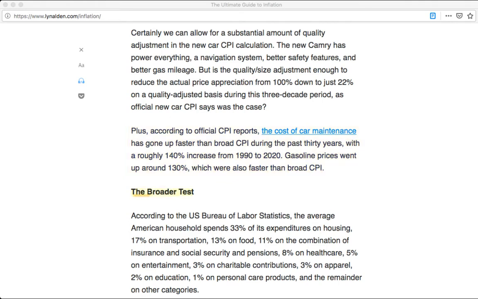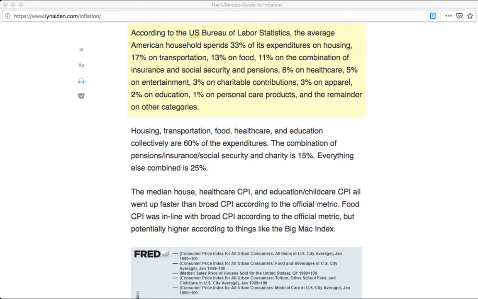The broader test. According to the U.S. Bureau of Labor Statistics, the average American household spends 33% of its expenditures on housing, 17% on transportation, 13% on food, 11% on the combination of insurance and Social Security and pensions, 8% on healthcare, 5% on entertainment, 3% on charitable contributions, 3% on apparel, 2% on education, 1% on personal care products, and the remainder on other categories.